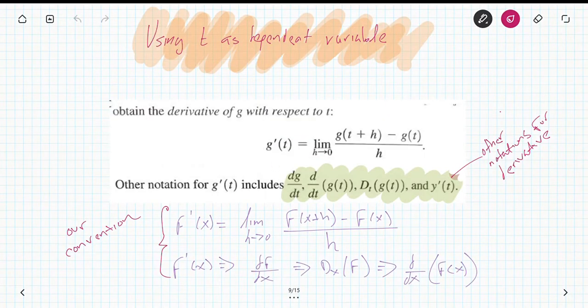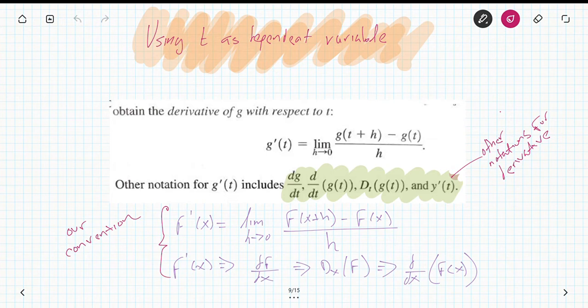Okay. One of the things that we discussed previously was the definition. Well, we definitely discussed it, but instead of using t, we used x for the definition. So in some books, and this is worth mentioning, the derivative is defined as the limit as h approaches 0 of g of t plus h minus g of t over h.